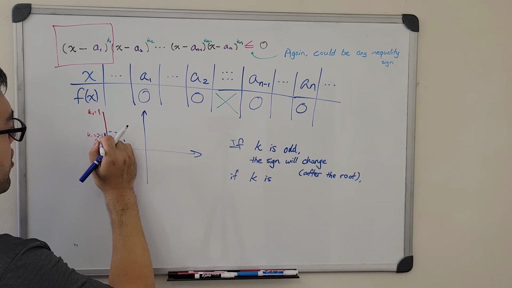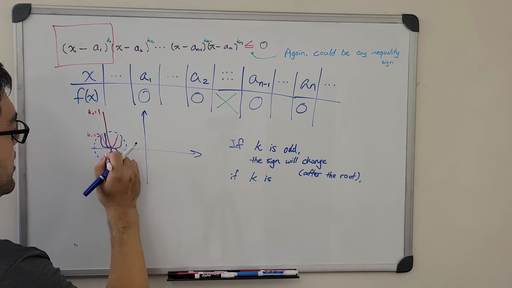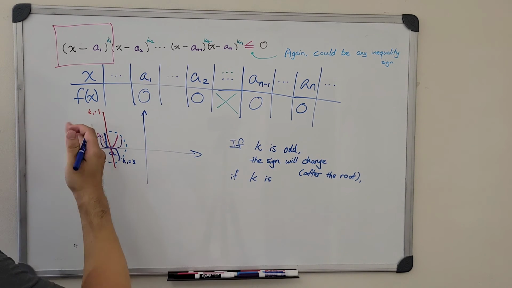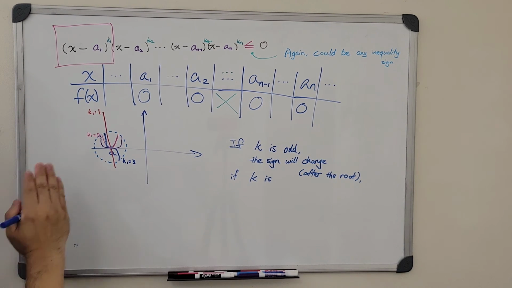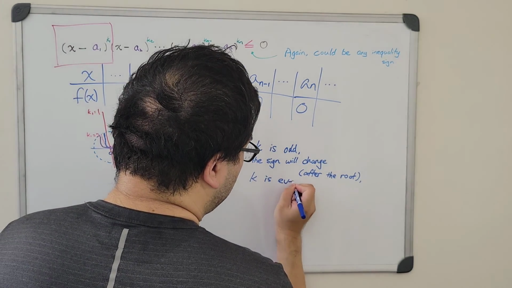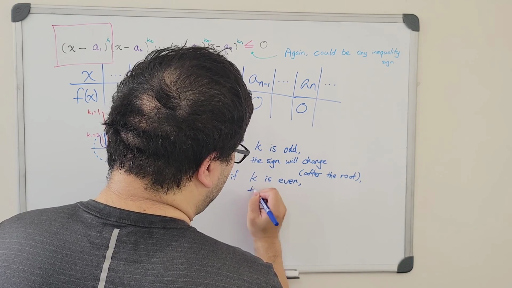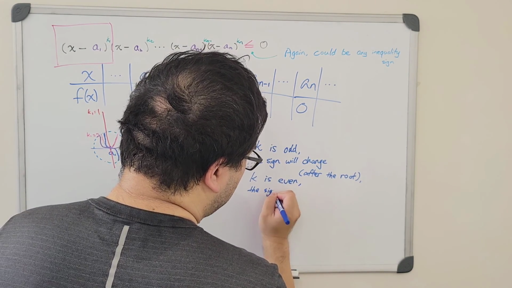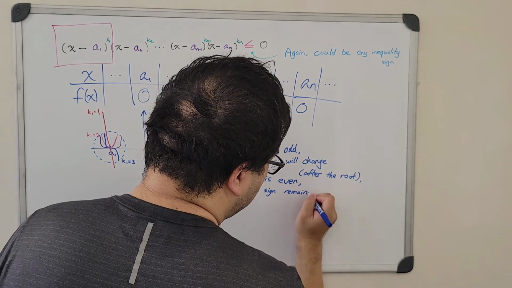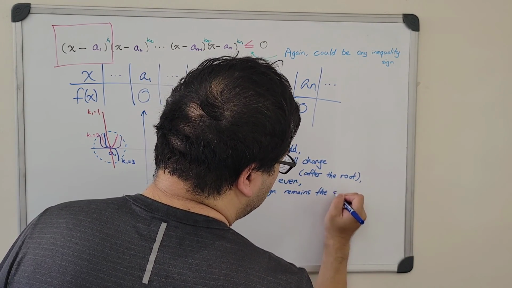Then we will get a quartic function like this. That's even flatter, but we still see that it's positive on the left-hand side and positive on the other side. It's even, so the sign remains the same.